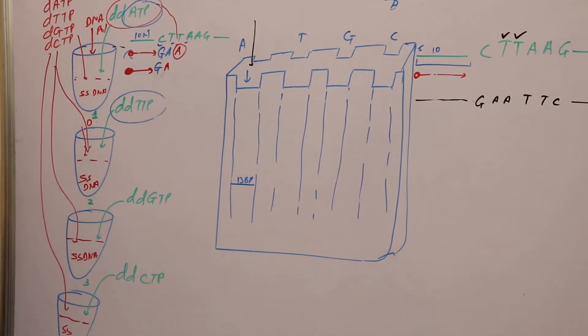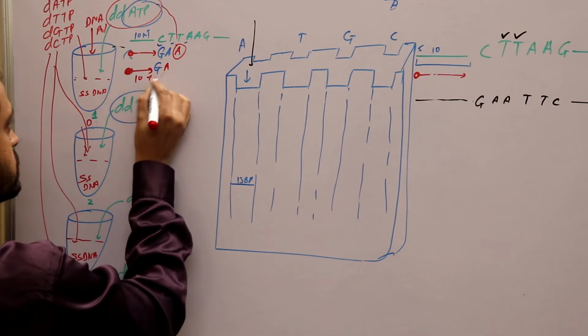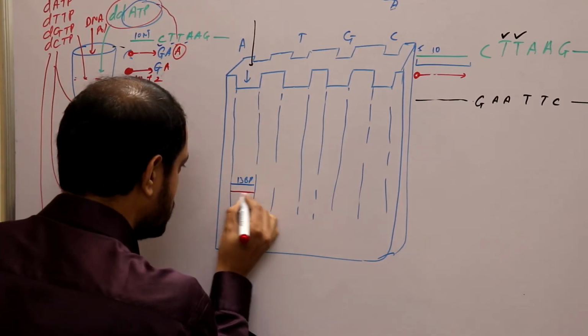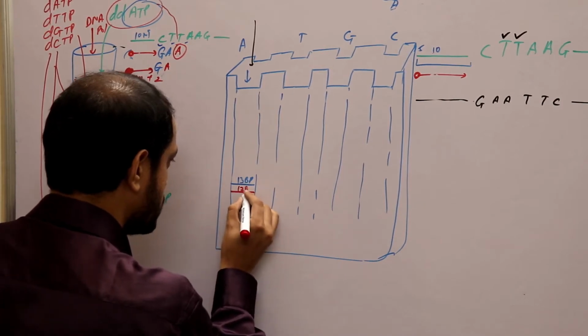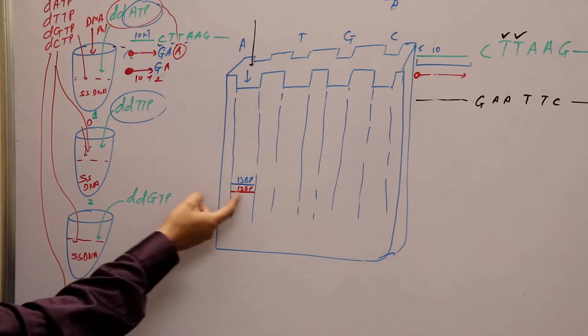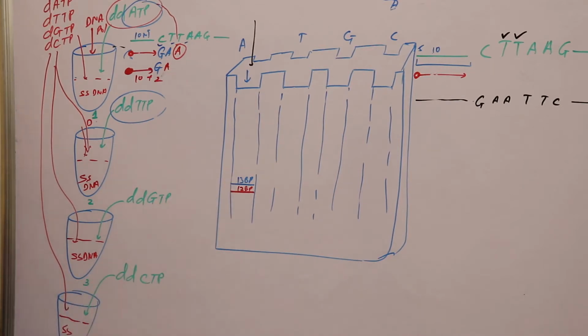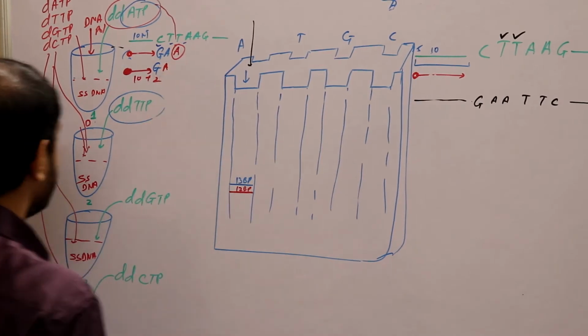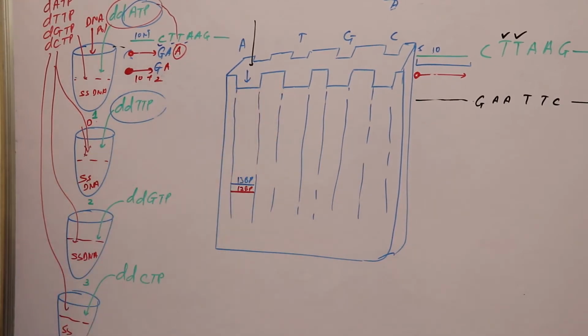Okay. Then what is this? 10 plus 2, 12. Means here will be the band. This is 12 base pair. Okay. Why is it nearer to that? Because it is 12 and the other is 13. You know mathematics better than me. Now listen. Let's talk about T.